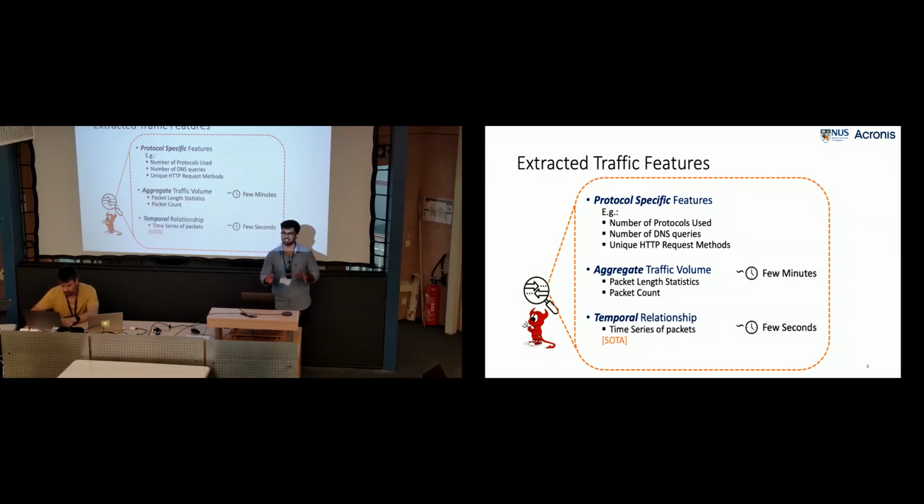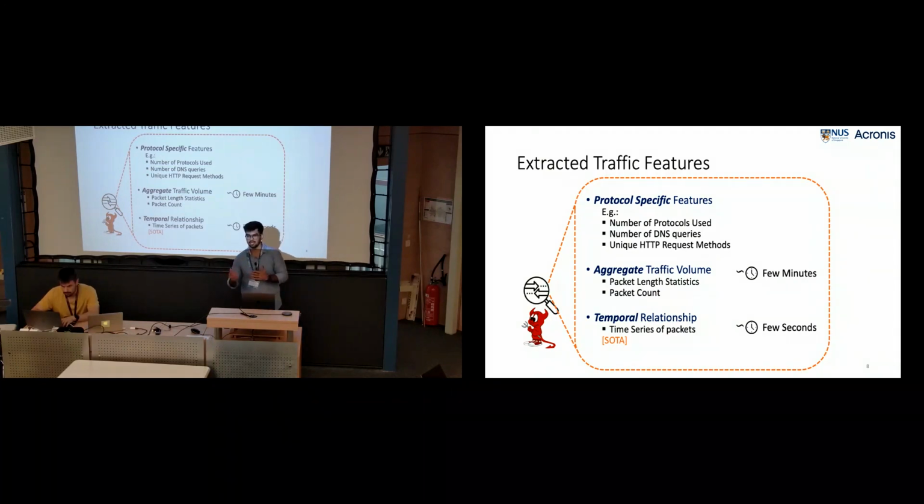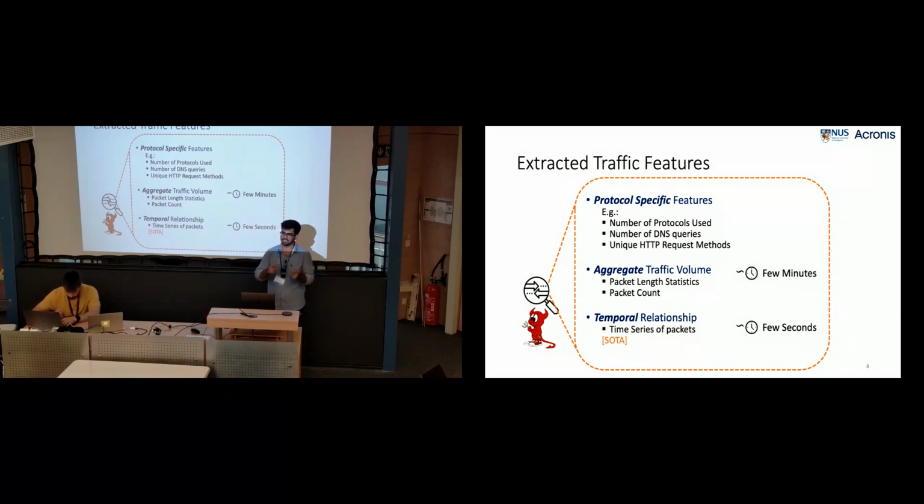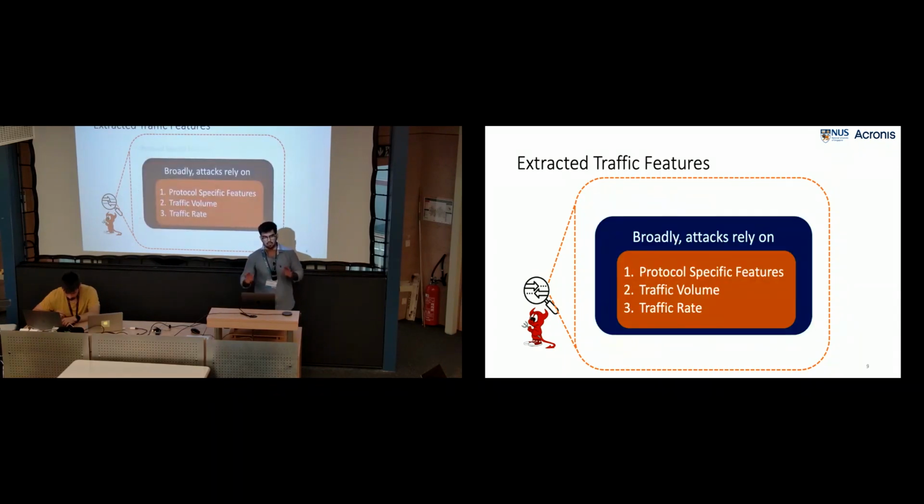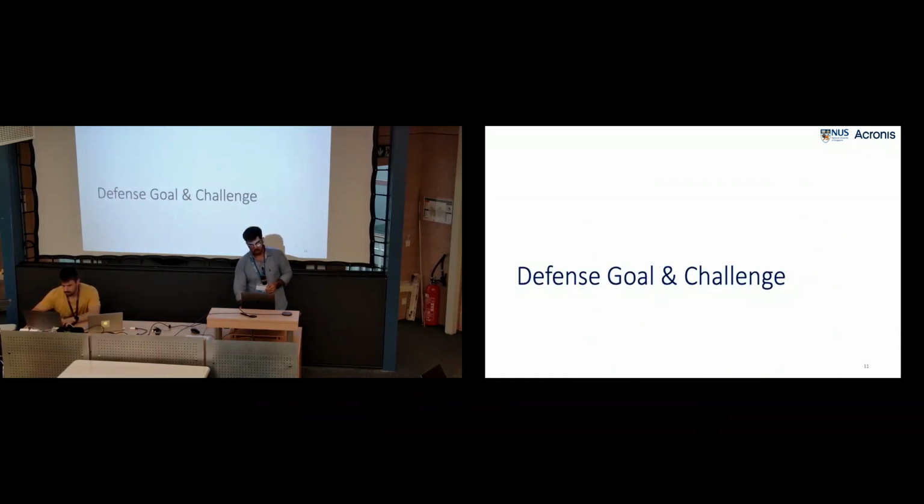And finally, the most recent and state-of-the-art features include time series. The network packets are modeled as a time series to map the temporal relationship between different packets. And this is at the granularity of a few microseconds to a second, which makes it most robust to obfuscation schemes. So as we discussed, broadly, they rely on protocol-specific features, traffic volume, and the traffic rate.